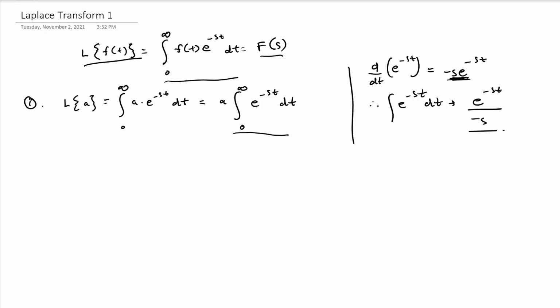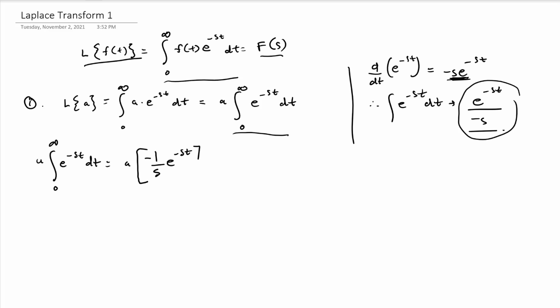Therefore, if we continue, we have a, the integral from 0 to infinity e to the minus s t dt, which we said was a, and the integral of e to the minus s t is right here, minus 1 over s e to the minus s t, going from 0 to infinity.